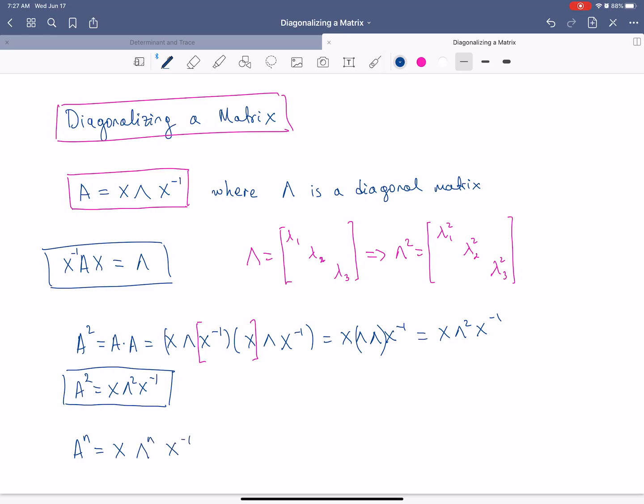X inverse. So the moral of the story is that if A can be diagonalized, so not every matrix admits such a diagonalization.